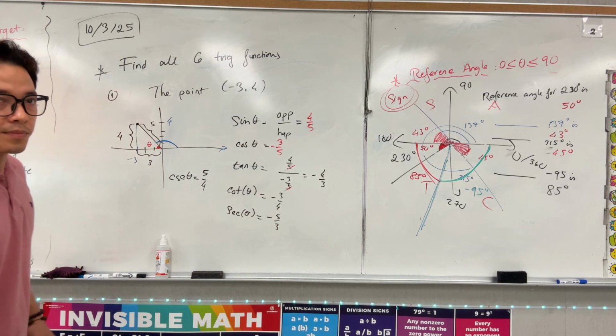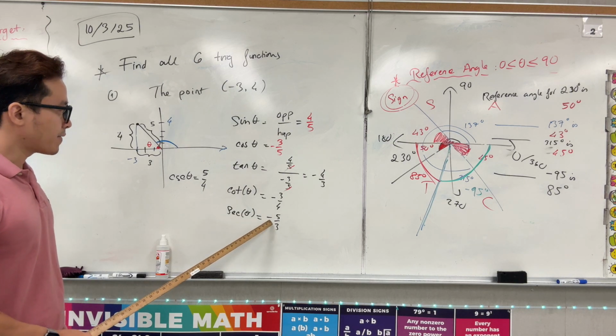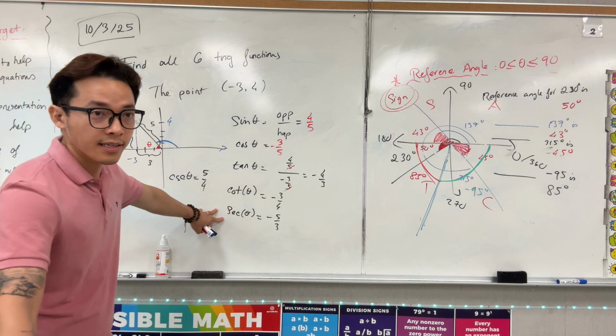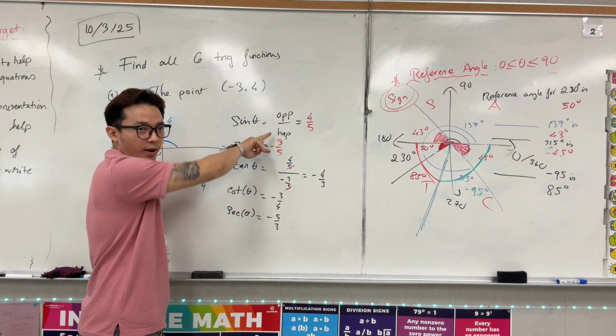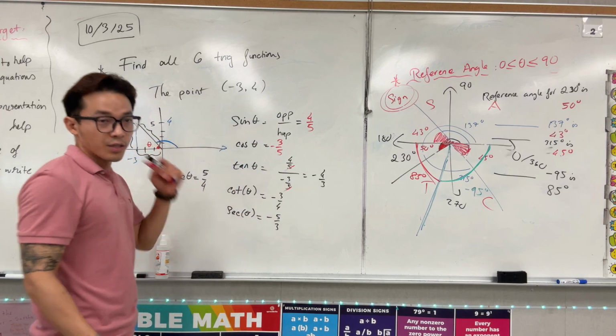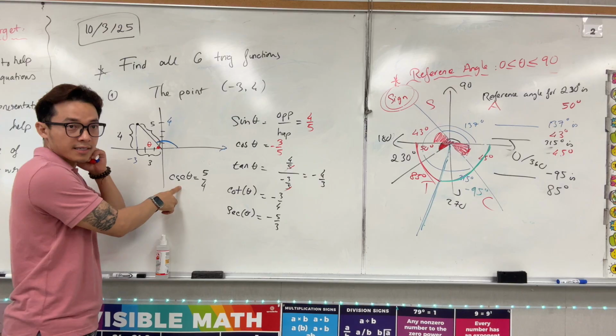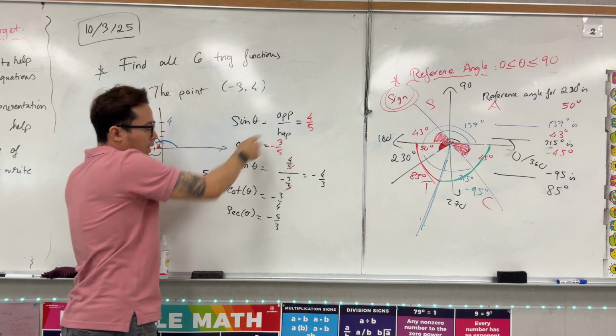For secant, why would you put negative 5 over 3? Because secant is 1 over cosine. So I look at the cosine here, negative 3 over 5, I flip it, and it becomes negative 5 over 3. Same thing with cosecant. I flip the sine because cosecant is 1 over sine. So I flip this one, I have 5 over 4.